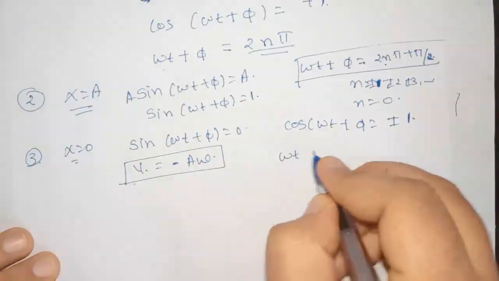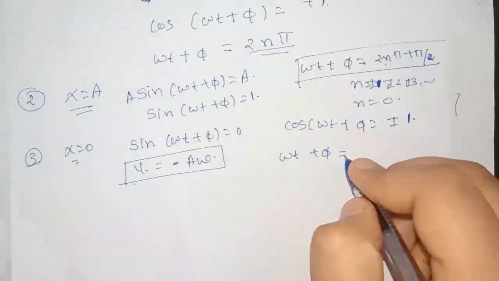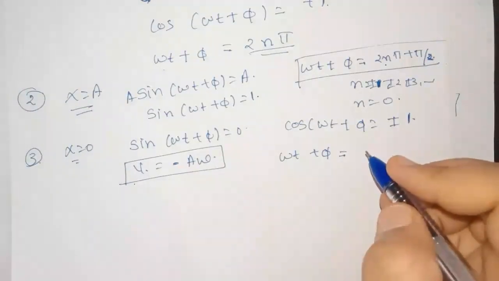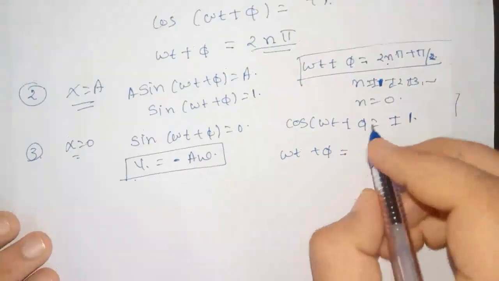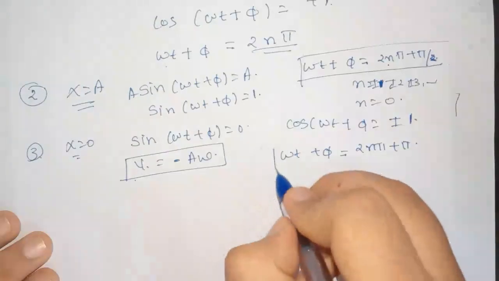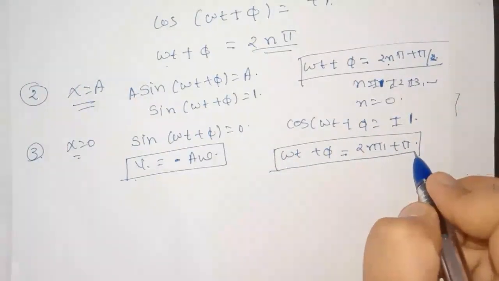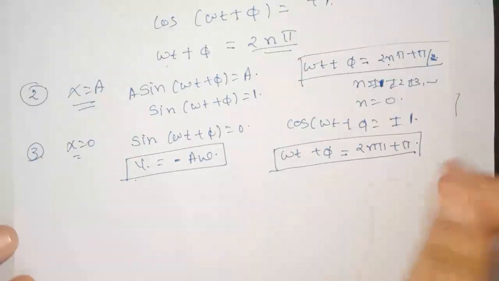So omega t plus phi will be equal to 2n pi plus pi, because the value of cos is negative on pi, 3 pi, 5 pi, 7 pi, etc. value.